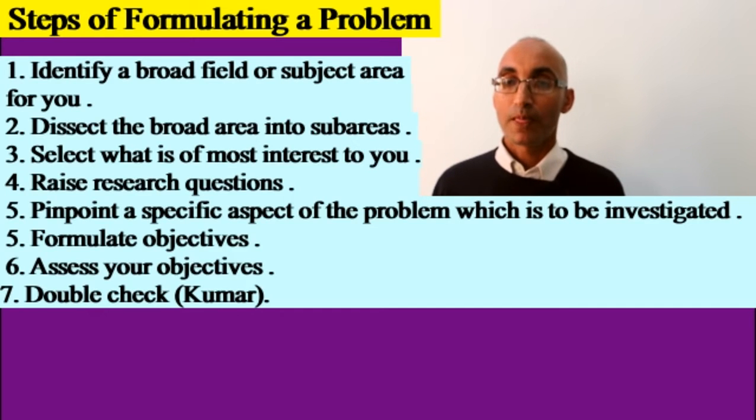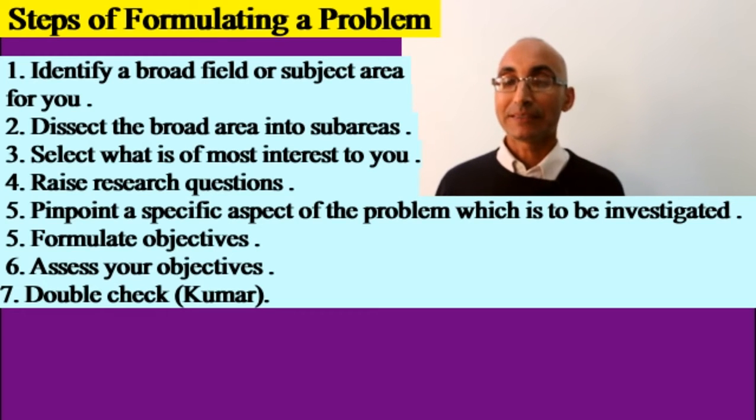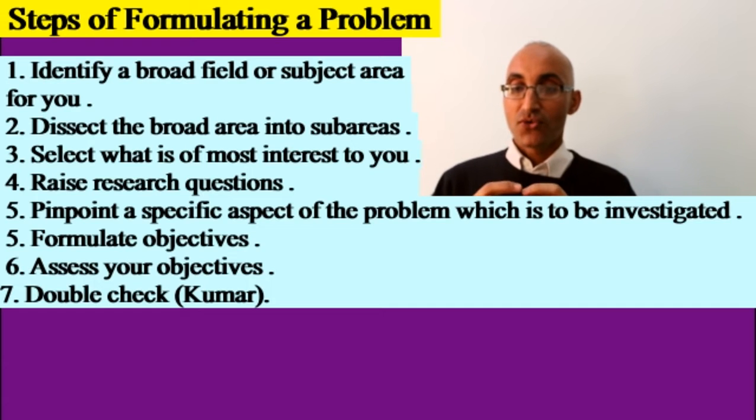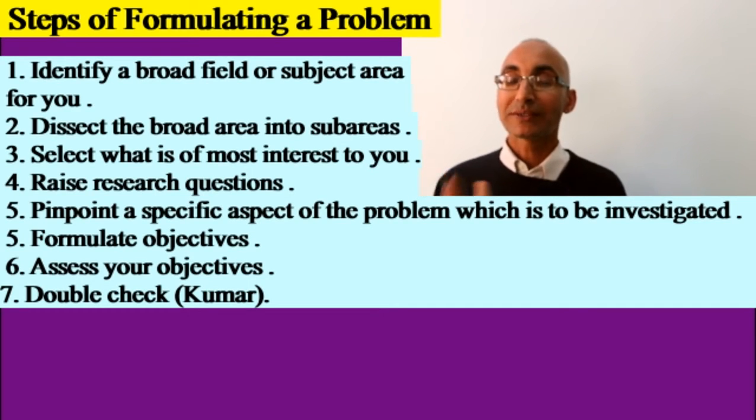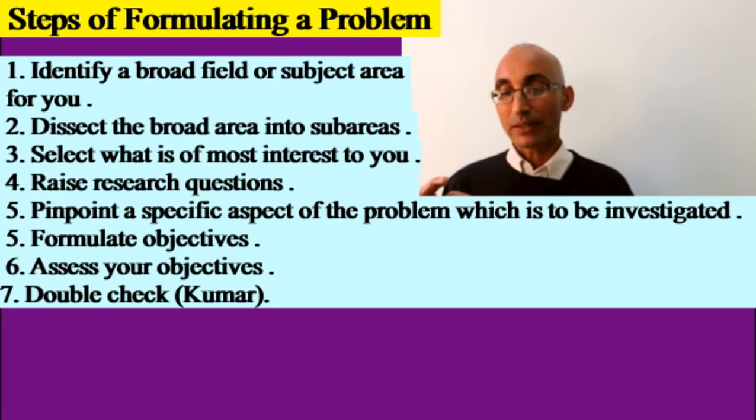Step number 2, you dissect the broad area into sub-areas. It means you try to divide this major and broad field into different sub-areas or sub-sections, to limit yourself to a very specific choice among the different sub-areas you have.